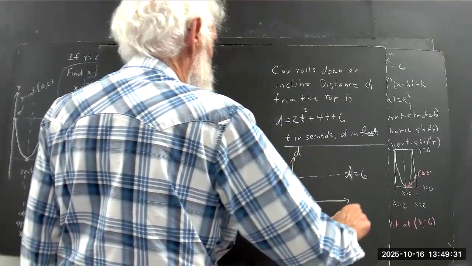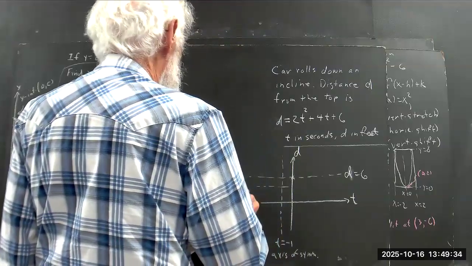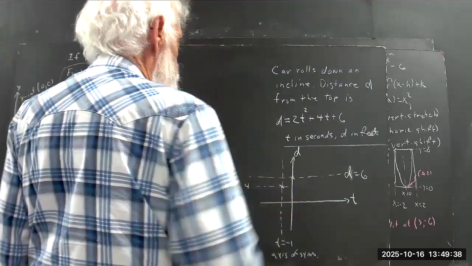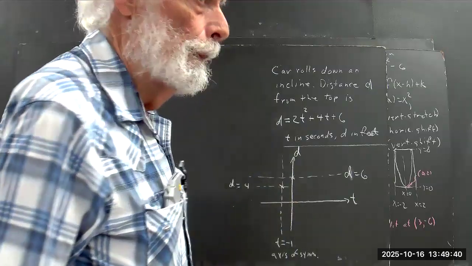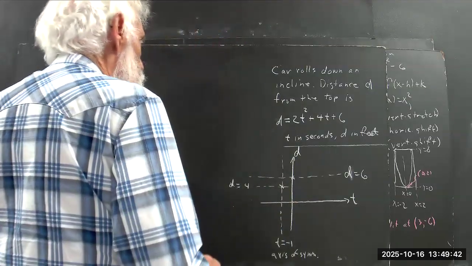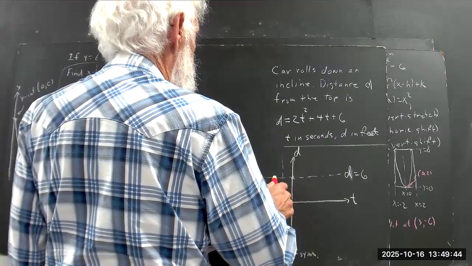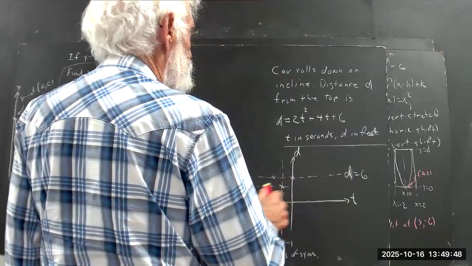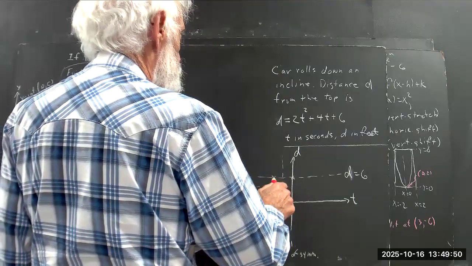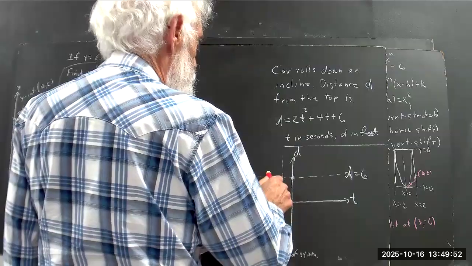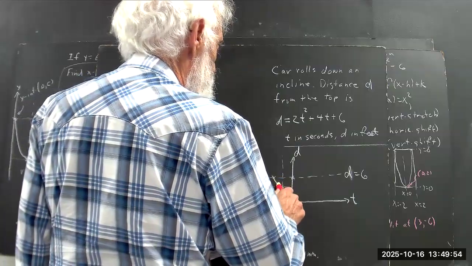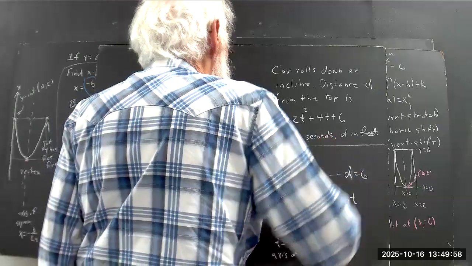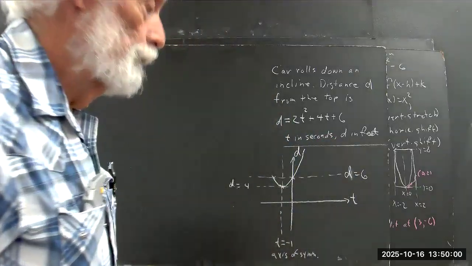This is our d-axis, this is our t-axis. D equals 4 here. There's this point. We can use symmetry to show there's another point here, a reflection of this one across the vertex. So we think our parabola might look something like this.